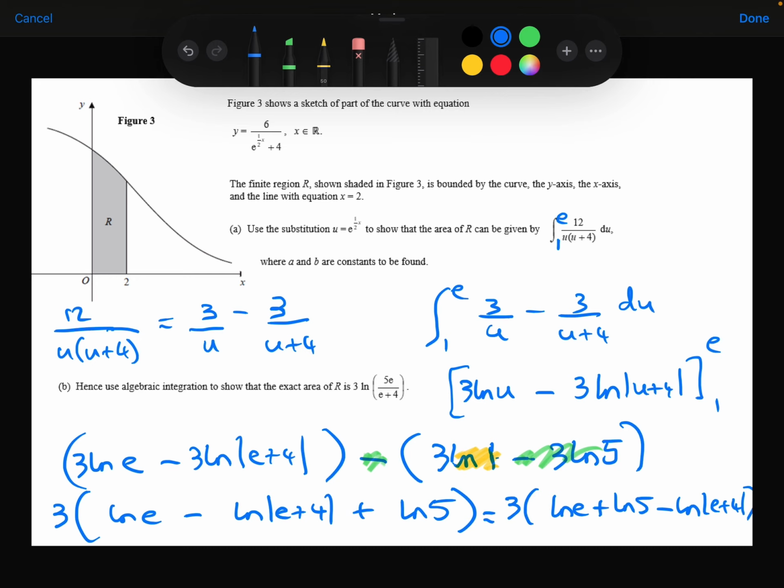And the point then is that because these two are being added, we can use the laws of logarithms to multiply their insides together to give an ln 5e. And then because we're subtracting the ln e plus 4, we'll divide by that, which is giving our answer in the form that we needed to show.